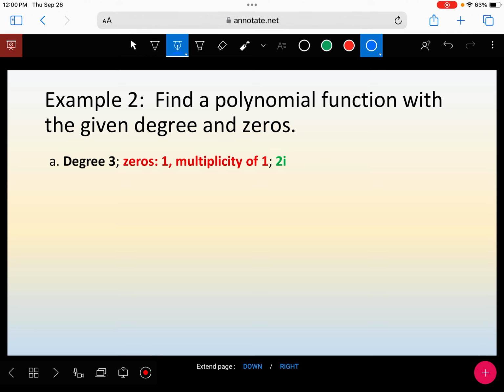The only way you can get an i is if you're taking the square root of a negative. So I'm just curious, does anyone know what factor would give me 2i as a solution?